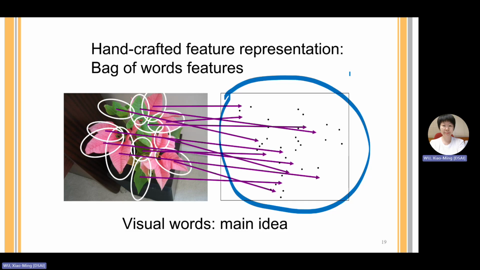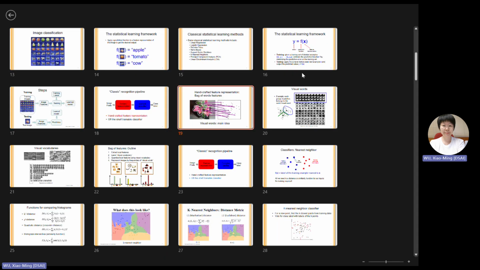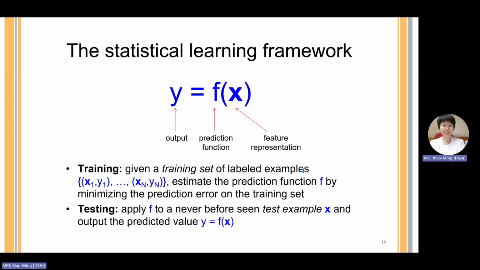These vectors can be combined to represent the image. A typical representation method is called the bag of words feature representation, which we will briefly introduce later. Now back to our statistical learning framework.